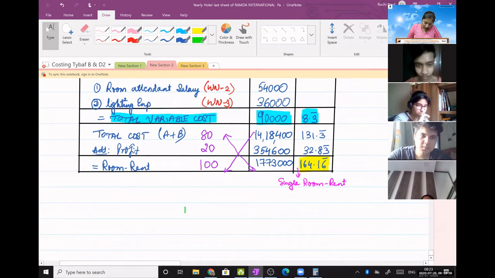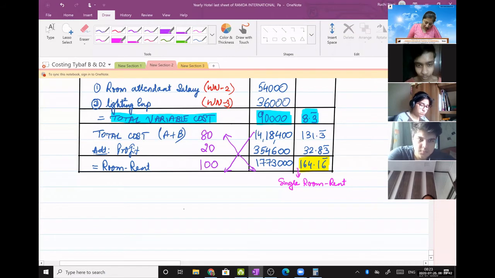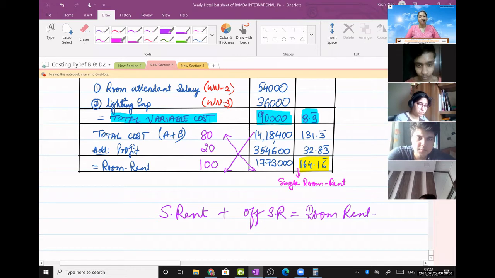So can I say, just see over the screen what I'm writing. Can I say season's rent plus off season's rent is equal to room rent? Everyone agrees to this equation? Understood this part? Acknowledge it in the chat box.